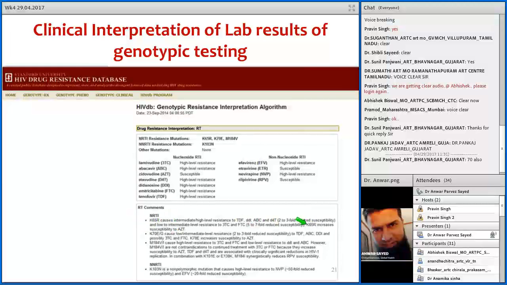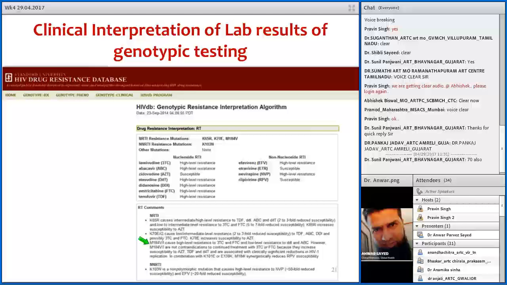Why you are using Zidovudine is for this reason. The person had K65R and now has virological failure. We are assuming that person might have K65R in his or her body, and if we start this patient on Zidovudine, it will be very beneficial for that patient, because K65R is increasing susceptibility to Zidovudine.